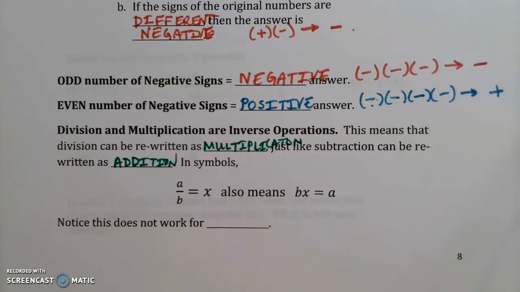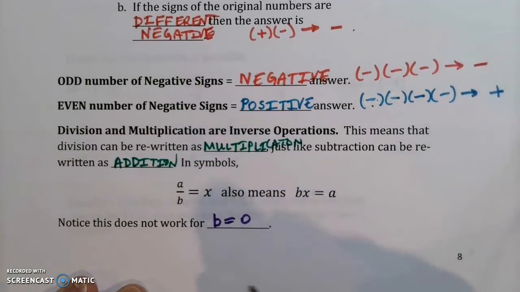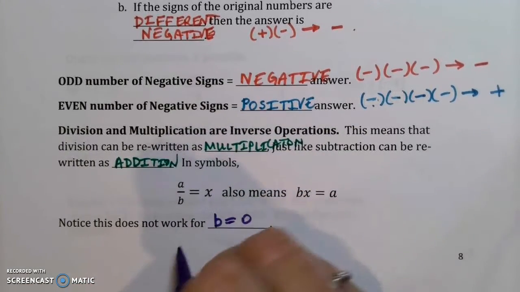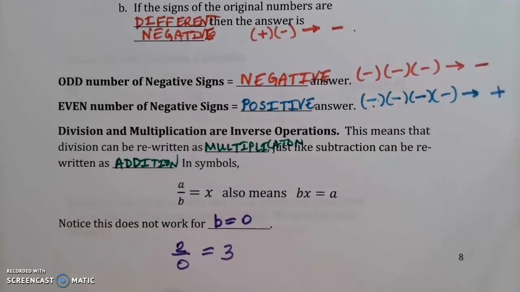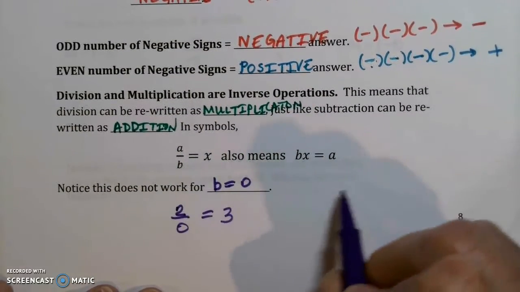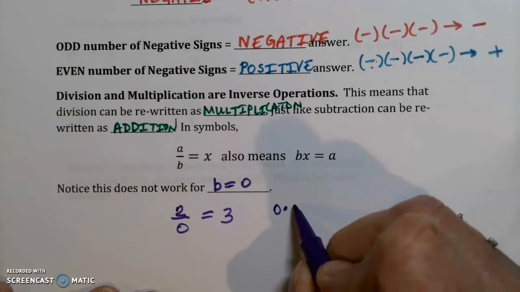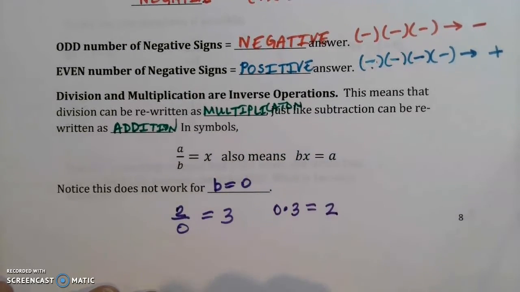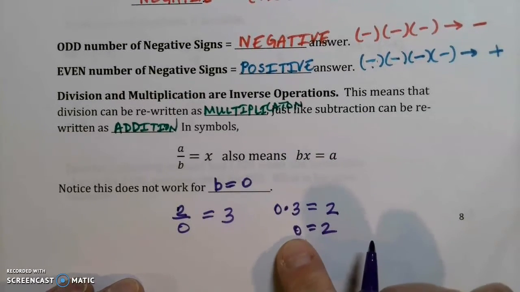Now, that does not work when b equals 0. For example, if I have 2 over 0 equals 3. All right, well, that can't work because the definition of multiplication says that, well, I should be able to say 0 times 3 then equals 2. Well, we can't have something multiplied by 0 that ends up being anything other than 0.